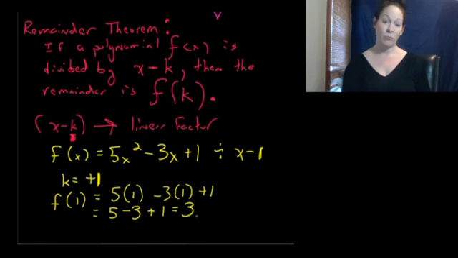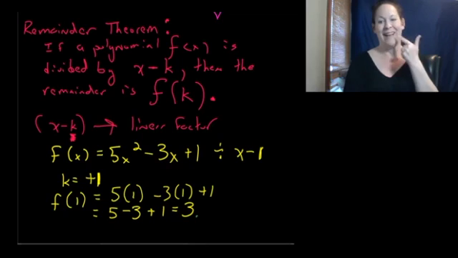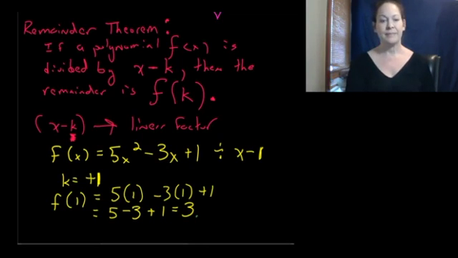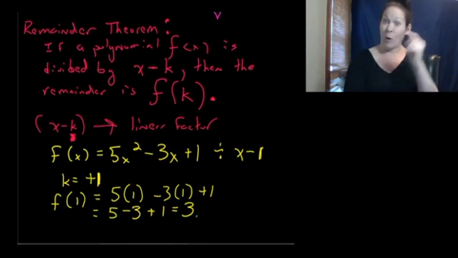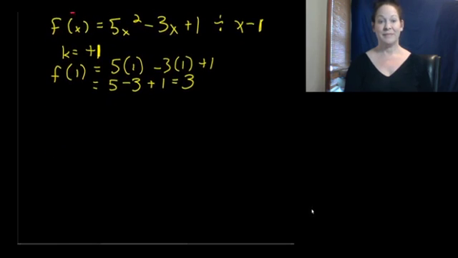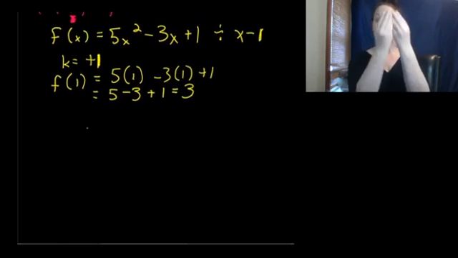And so my remainder would be 3. Do you believe it? Do you trust me enough to believe it? You shouldn't. It's true. I mean, it really is true. But for how useful it is, you're going to want to believe it by seeing it a little more. So let's do this division and see if we get a remainder of 3.